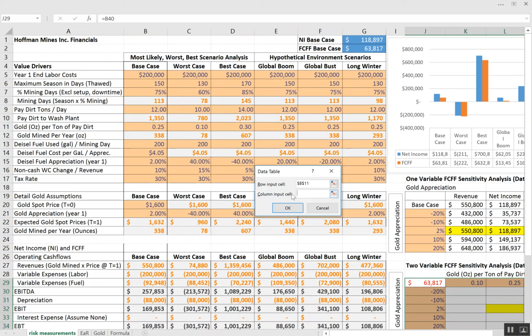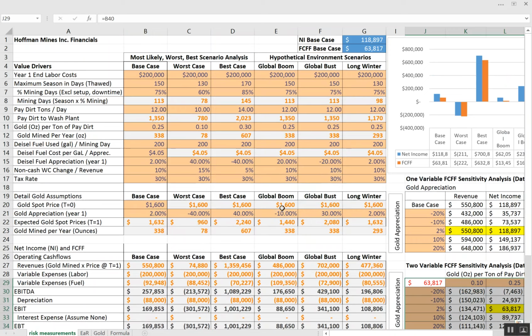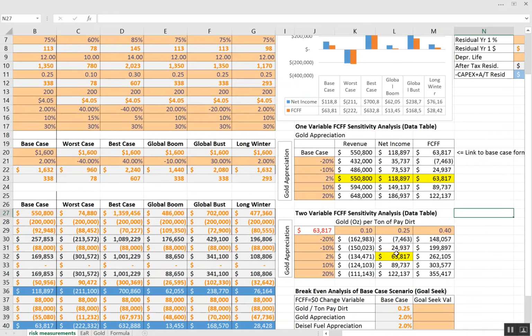My column is the appreciation of gold. So now I have two factors. And it looks like what's really killing us here is if we have a low gold amount per ton of dirt, and if the gold devalues, looks like by 20%.